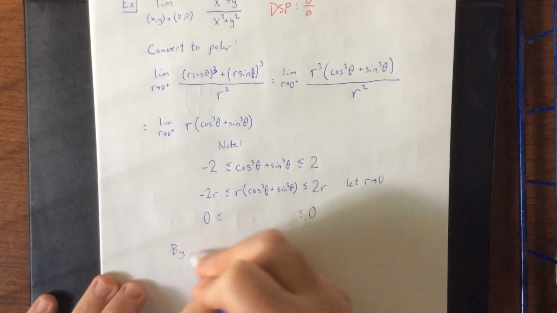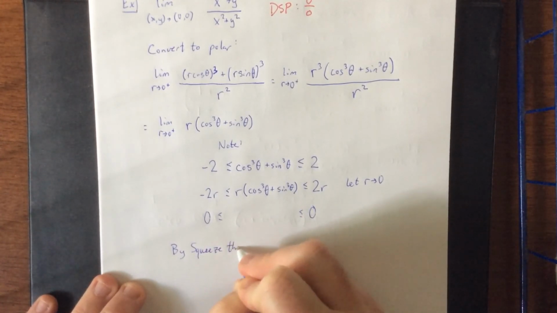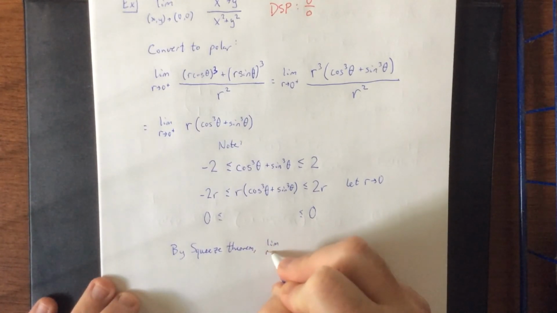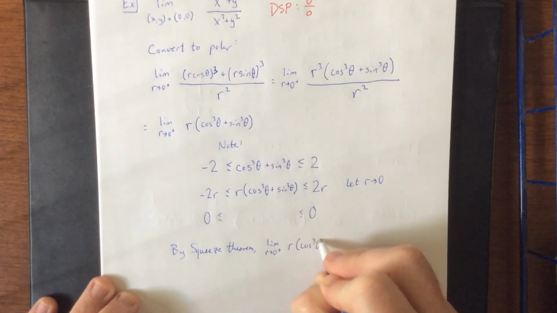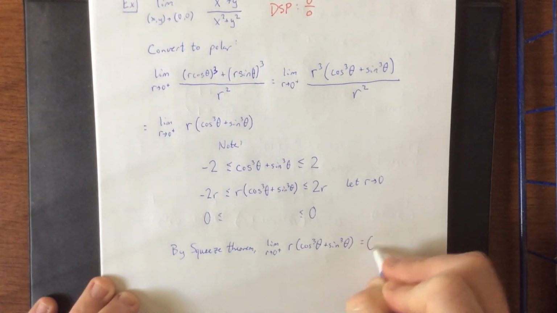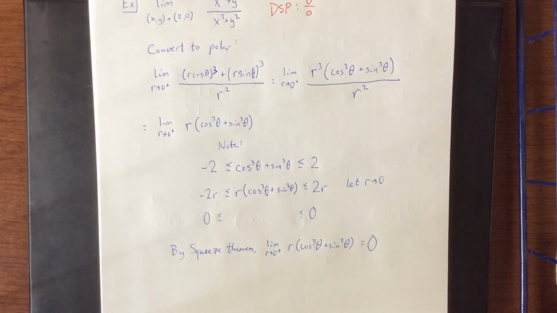So by the squeeze theorem, the limit as r approaches 0 from the right of r times the cosine cubed of theta plus the sine cubed of theta is equal to 0. So these are just 3 different ways that you can show that a limit does exist and find out what it happens to be equal to.